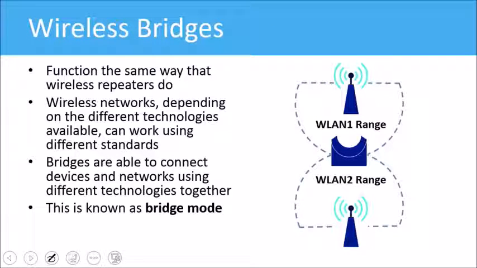Next, bridges. Bridges function in a very similar way to repeaters. Bridges sit in between two different wireless local area networks, though. And what they do, just like bridges in real life that connect two different sides of a ridge or maybe a gully or something along those lines, is they bridge those two networks together and connect them together.